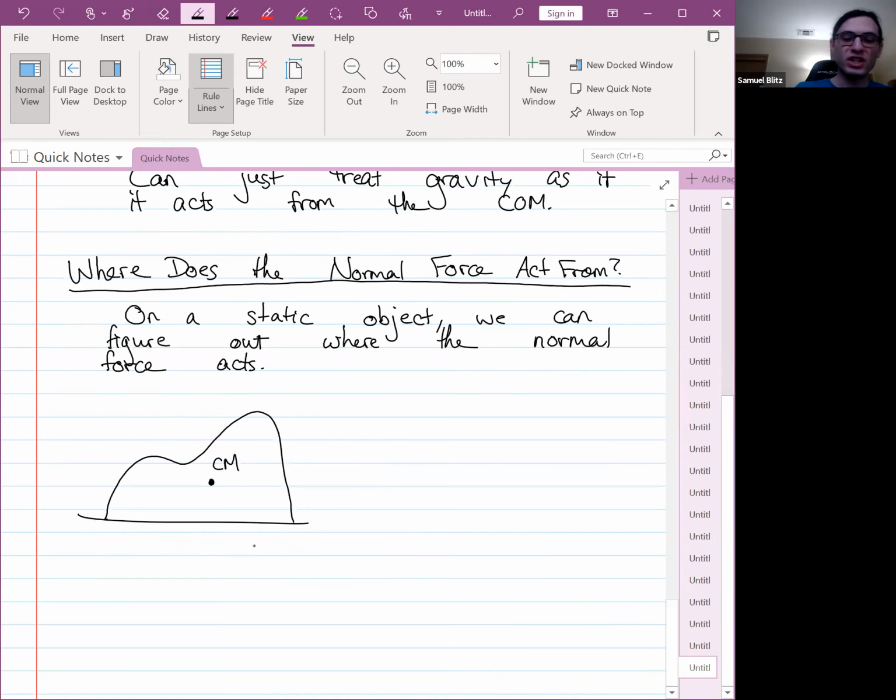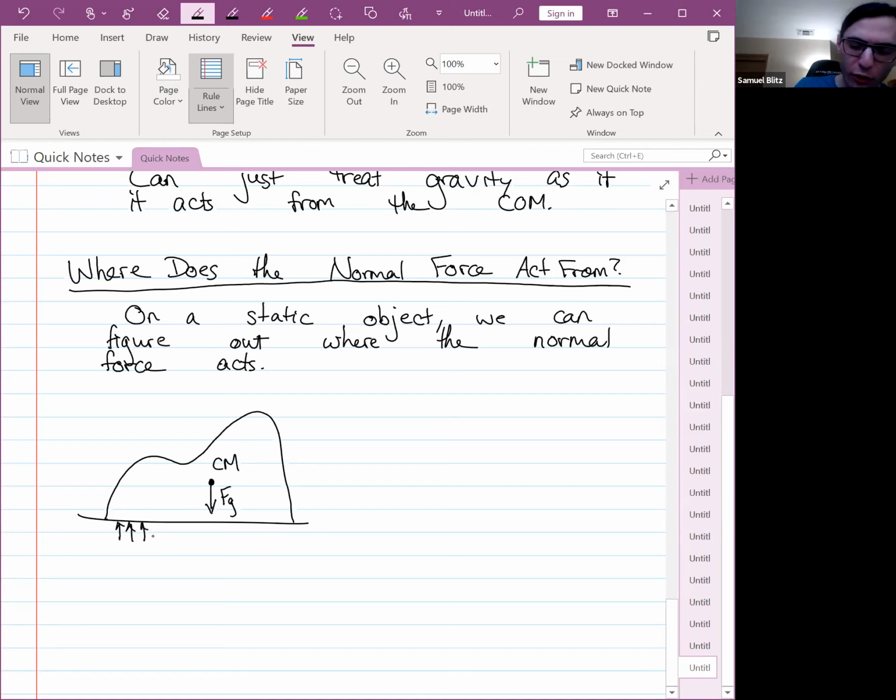So the question is, well, we know where the gravitational force points, right? It points down from the center of mass. That's what we just determined. So where does the normal force point? Well, what we're going to try to do is establish at what point we can treat the normal force as if it's all applied there, so that it acts in the exact same way that the normal force really acts.